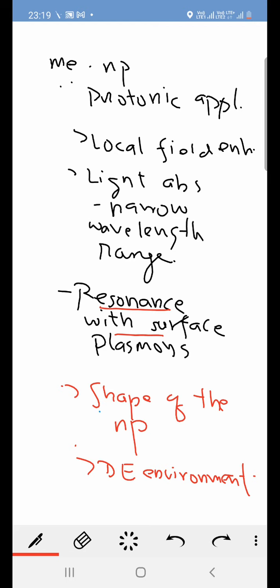Now let's take an example. Say there are very small nanoparticles of gold, less than 25 nanometers.